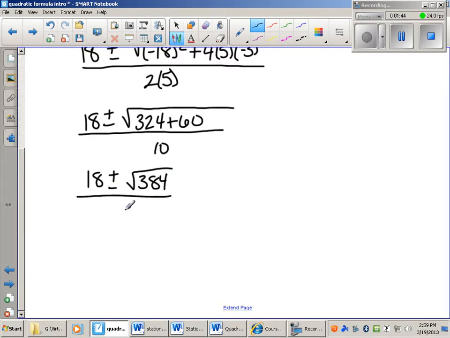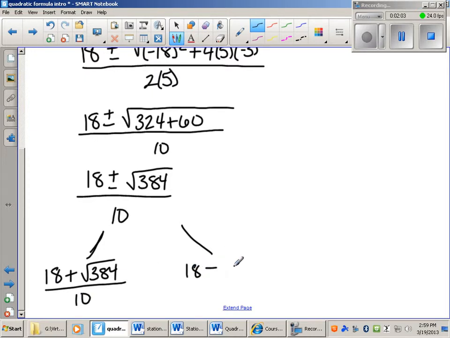And from here, I need to split this into the two solutions like we talked about in class, because I'm going to have the positive square root of 384 and the negative square root of 384. So I have 18 plus the square root of 384 over 10 and 18 minus the square root of 384 over 10. And I can just plug and chug this into my calculator.